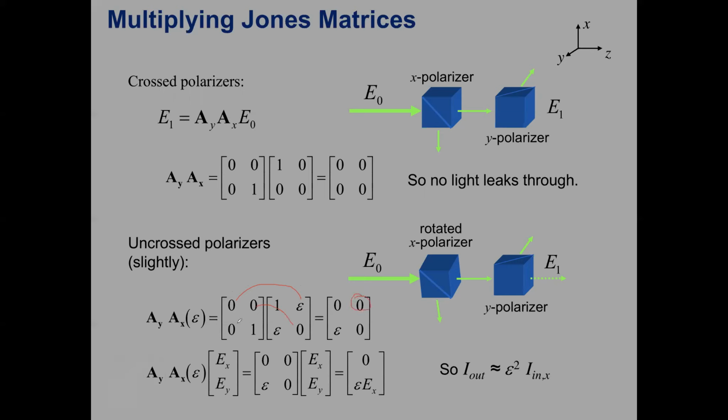Then for the third term, 0 times 1 is 0, plus 1 times epsilon is epsilon. I was just confused because I thought, wait, 0 times epsilon is 0. Remember, it's first row times first column gives you the first element. First row times second column gives you the second element. Second row times first column gives you the third element, and so on and so forth.